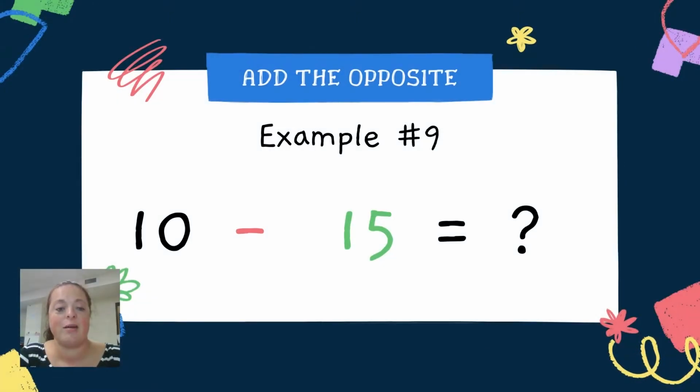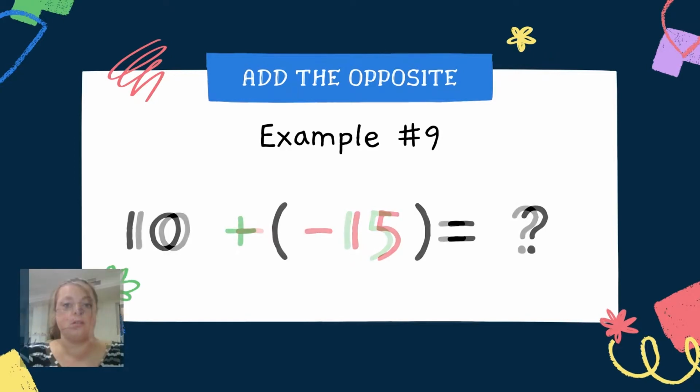Example number 9, 10 minus 15. Remember our rule, add the opposite. So we had a minus, now we have an add. We had positive 15, now we have negative 15. Now we need to think of it as an addition problem. We remember how to add two numbers with different signs, right? I know, we subtract.